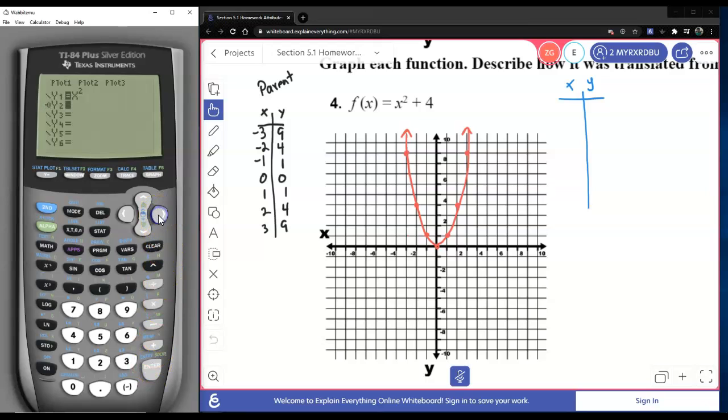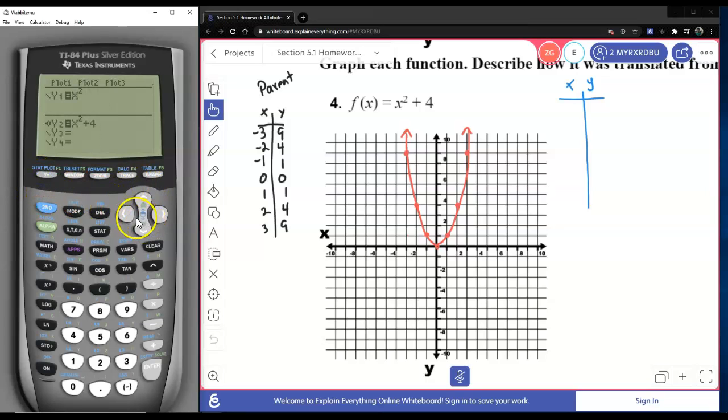It kind of tells you what's occurring. We're going to press x squared plus 4. And just so you can see what is occurring, I'm going to let it graph. You see that? And so we know that the function did move up.